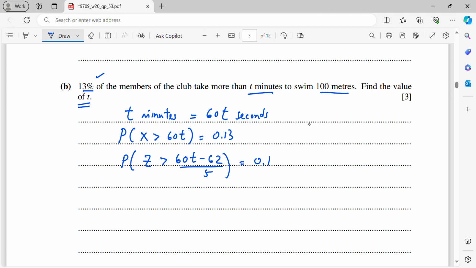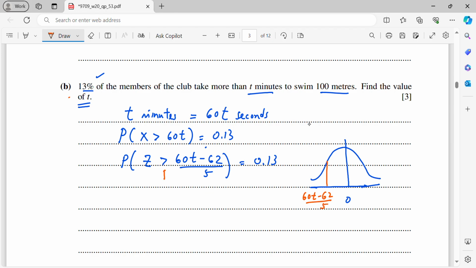This is 0.13. Now right after this, we need to sketch a graph. So I will sketch a graph over here. I'm not sure where this line is, so you can just draw two lines, one on the left side, and label this as 60T minus 62 over 5.